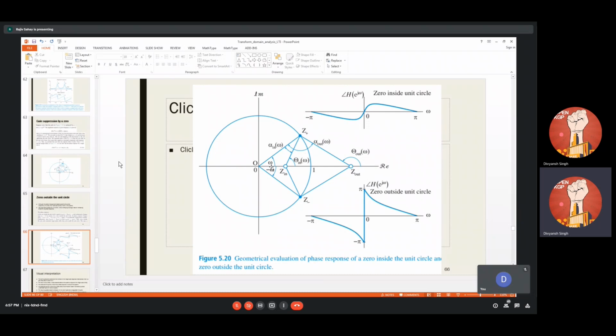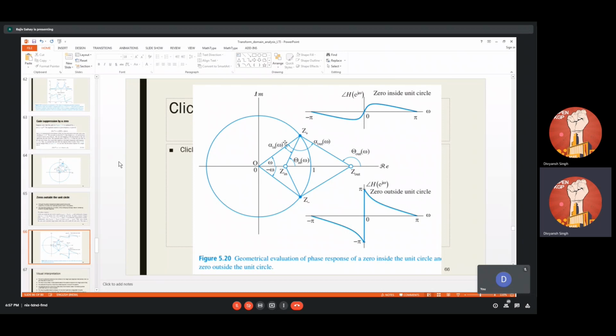So at omega equal to 0, if you vary omega, this angle is equal to plus pi. As you start making omega go closer to 0, this angle starts to increase, and finally this will become a flat line and this angle will be pi.